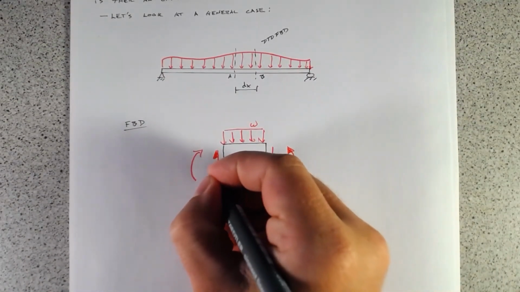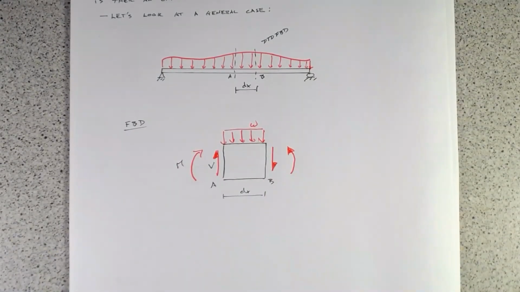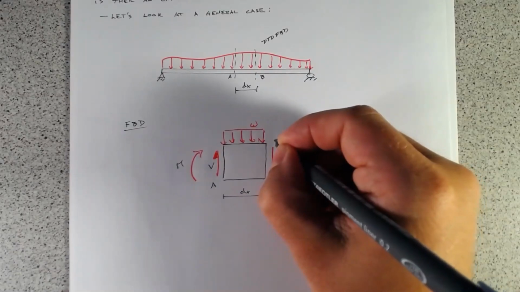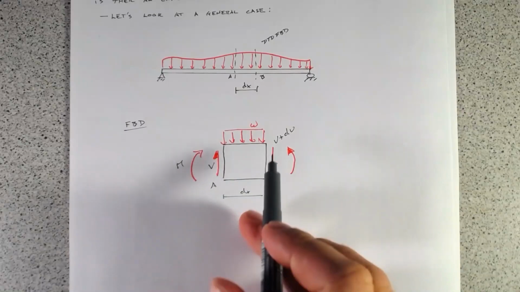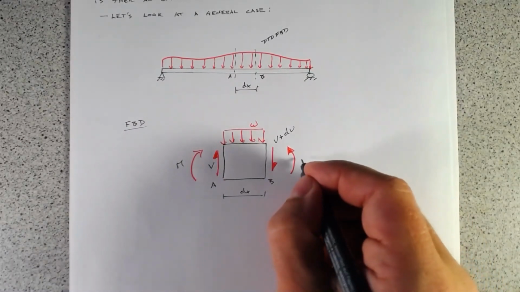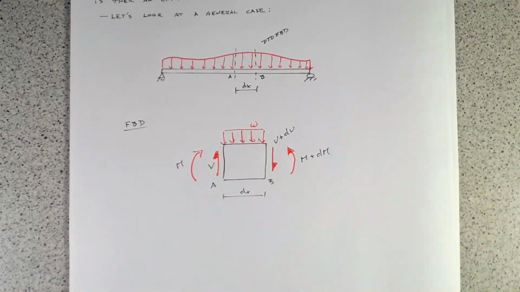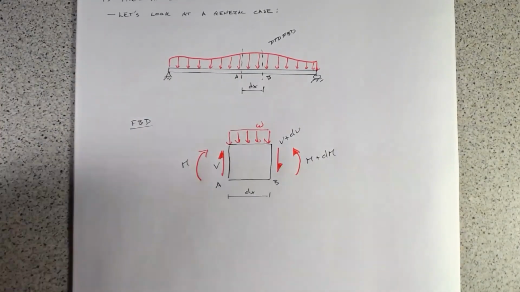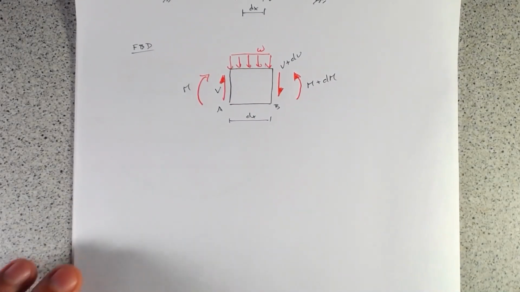We have the shear force V and the bending moment M. Here, the shear force on this side is V plus dV, because we've moved some small distance, so the shear force will be slightly different. Same with the moment here, we have M plus dM. So let's solve the statics and see if we can find these relationships between our load, our shear force, and our bending moment diagram, and then we can see if we can exploit those relationships so that we can draw these shear and bending moment diagrams quickly.